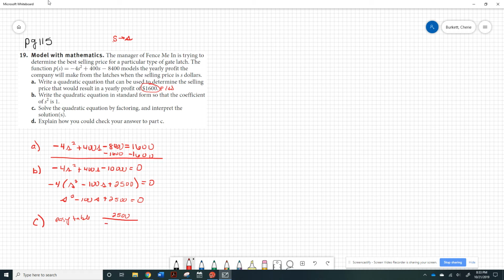You could do 25 times negative 100. Okay, but they also have to combine together to give you a negative 100, so that won't work. Negative, I think, 50 times negative 50. I don't know, there should be some more, but I think that should work.